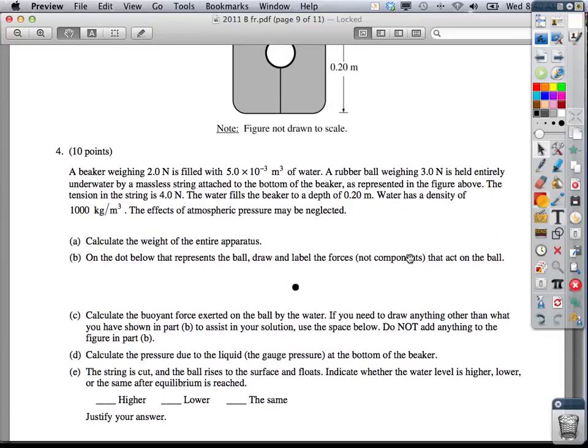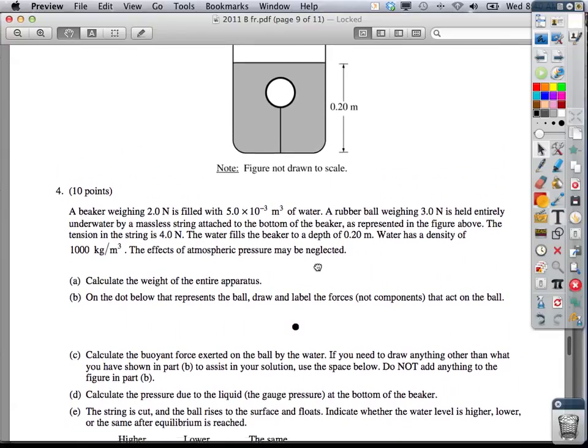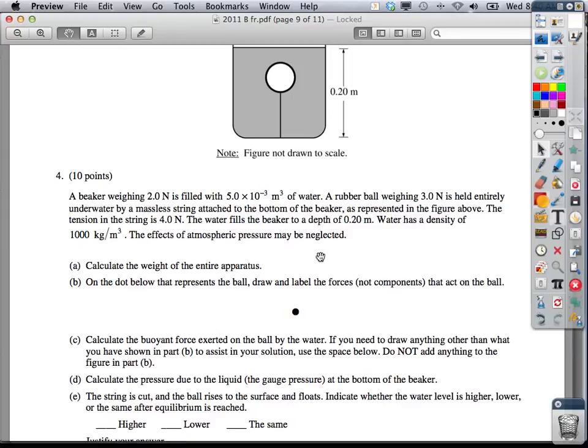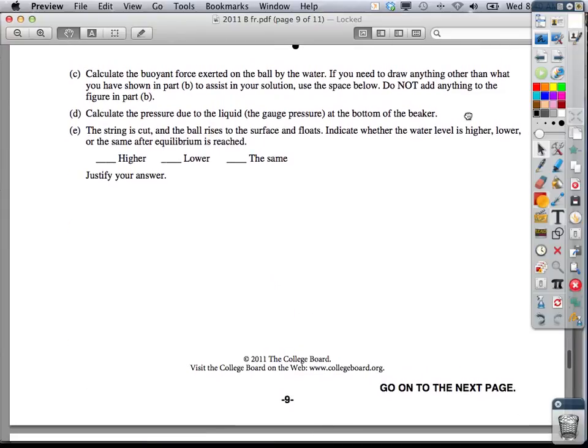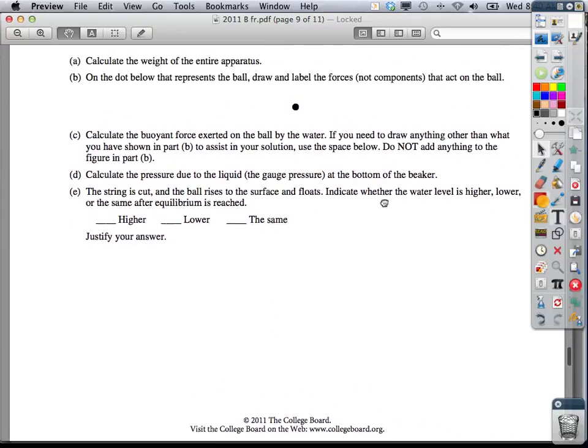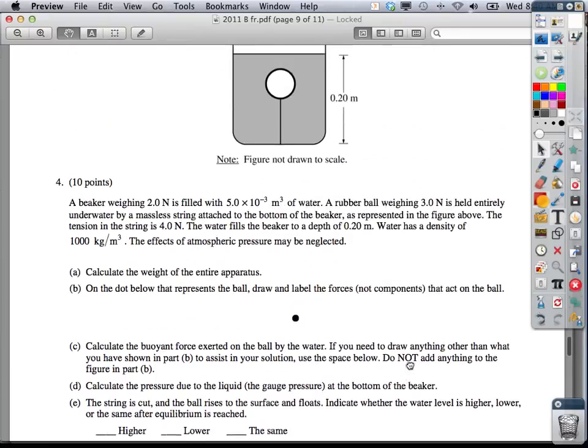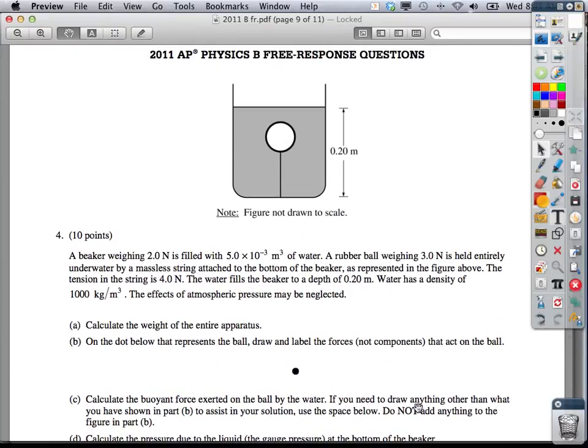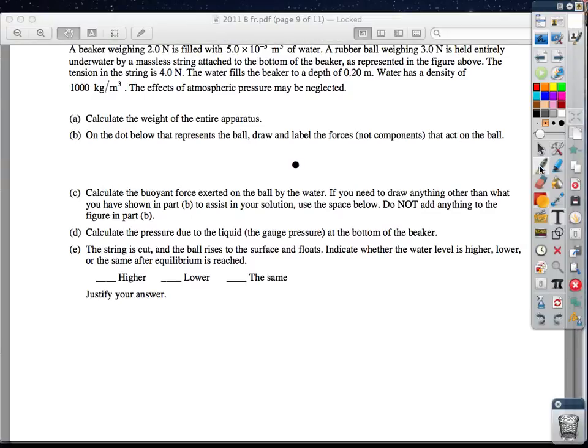They said that the water fills the beaker to a depth of 0.2 meters, and what they want. Oh, at the bottom. Okay. I thought it was calculate the pressure on the ball, and I'm like, I don't know the pressure on the ball. Yeah, so at the bottom is no worries, right? Because then that's just going to be pressure is equal to rho g h.